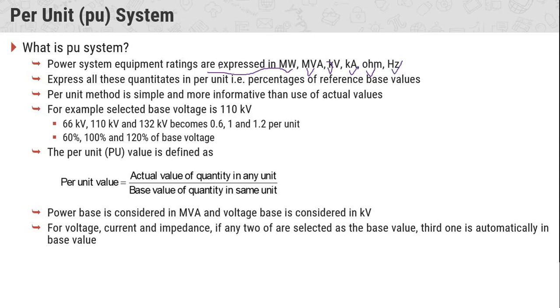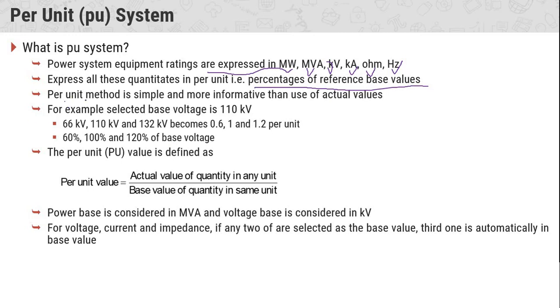Power system equivalents are expressed in these different units. Express all these quantities in per unit, for example, as a percentage of a reference base value. All these quantities expressed as a percentage according to the reference base value is called the per unit system.